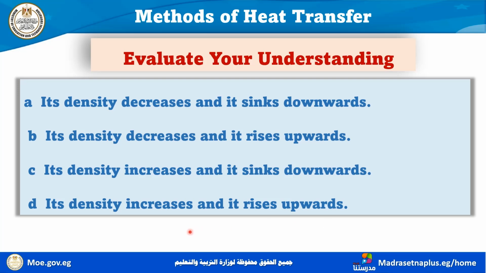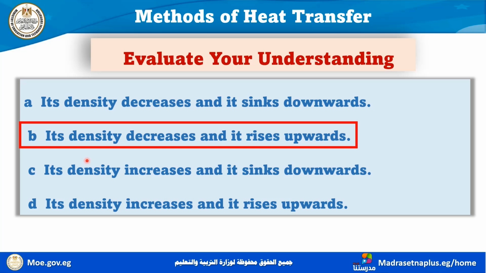Of course, when the air becomes heated up, the density of the particles of the hot air decreases, so it rises upwards and is replaced by cold air. So we will choose B: the density decreases and it rises upwards.